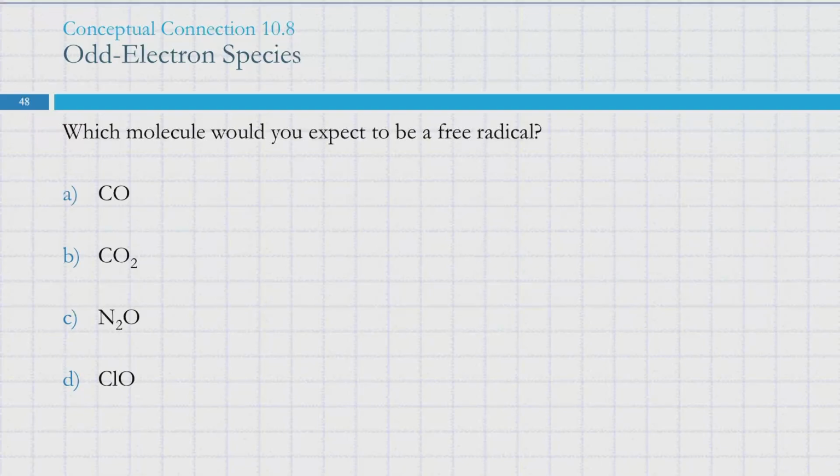The reason that you don't need to draw these out is a free radical is going to have an odd number of electrons. It has to have an odd number of electrons, otherwise you wouldn't be able to end up with just 1 electron by itself. You're probably never going to have 2 radicals in the same species. That would be extra unstable.